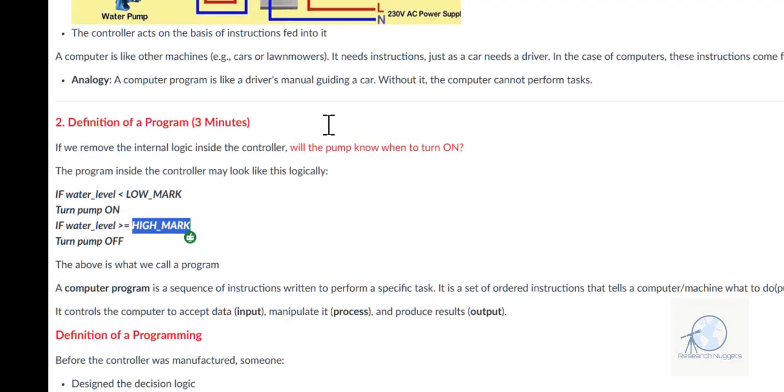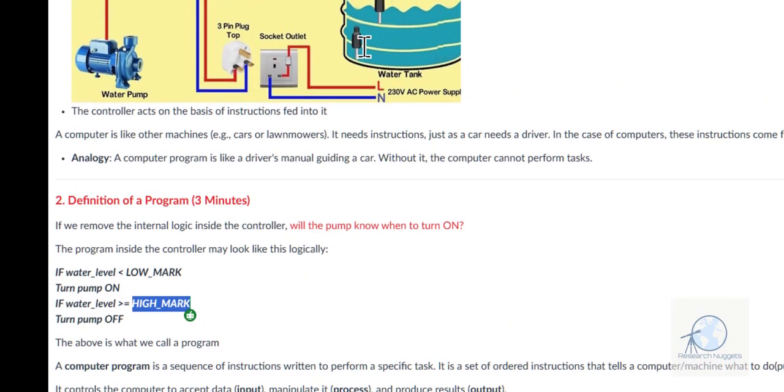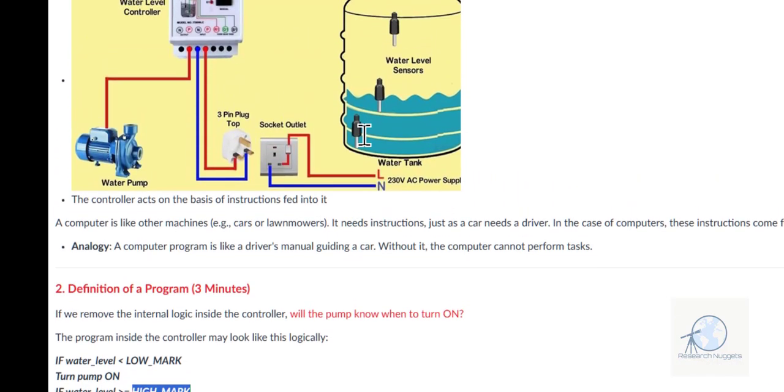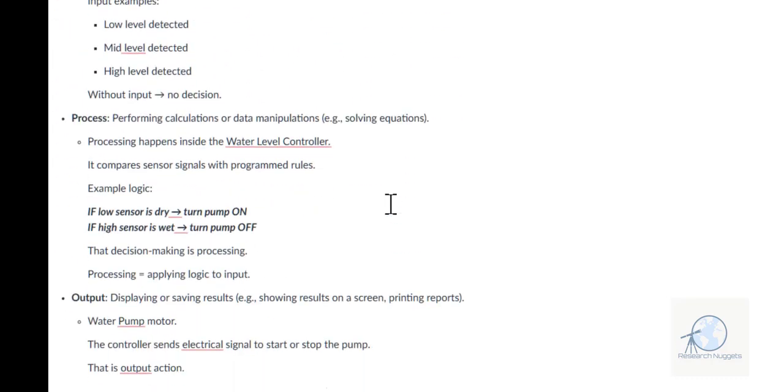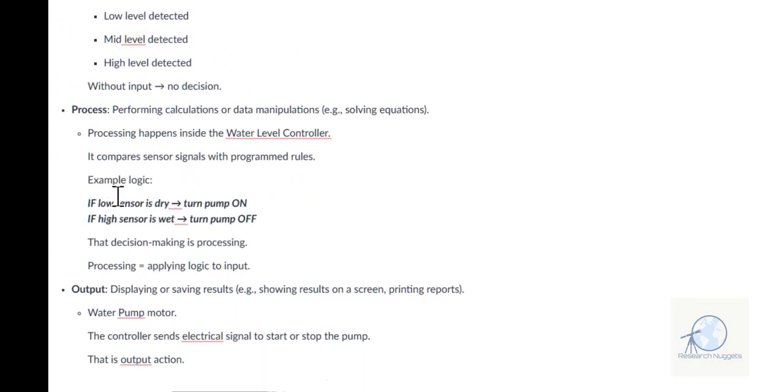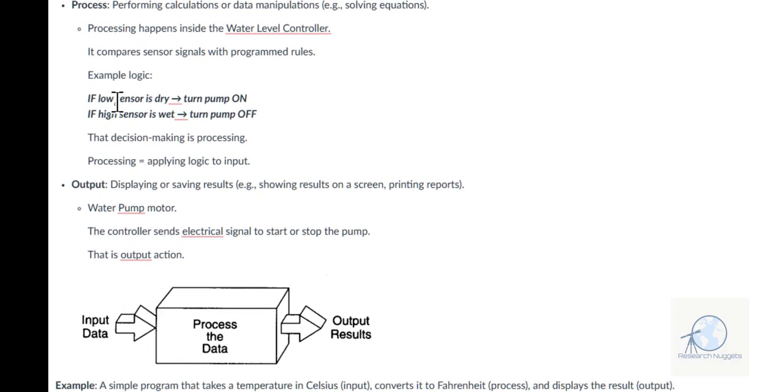The sensors that we have here are responsible for sending those readings: the low mark, the middle level mark, and the high mark. It's on the basis of that that the processing is going to trigger that if the low level was sent, then the pump is going to be turned on.